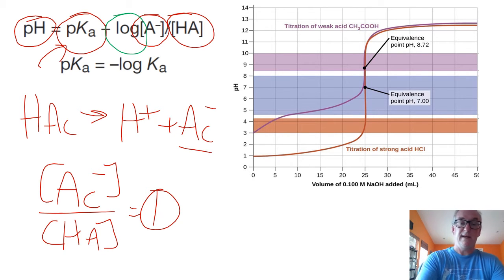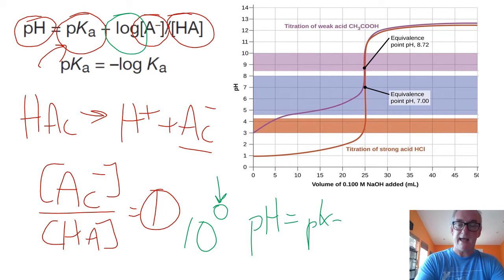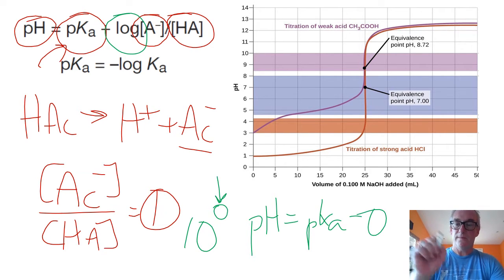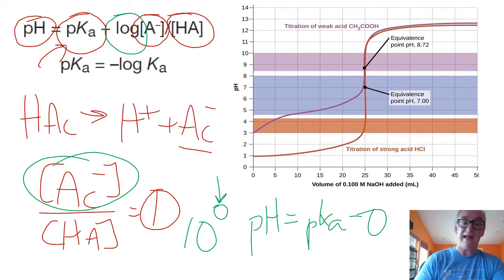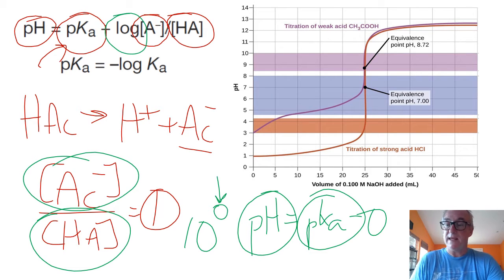The log of 1 is 0, since 10 to the 0 is 1. What does that mean? At this point, the pH equals the pKa minus 0. So in other words, when the concentration of acetate equals the concentration of acetic acid, the pH is equal to the pKa. So when does this happen?